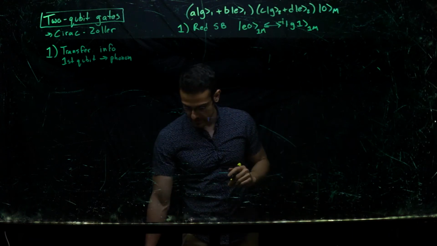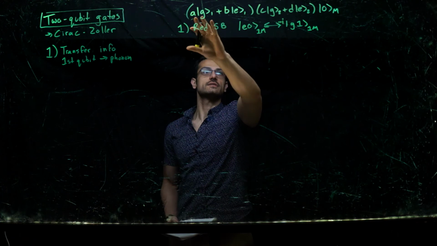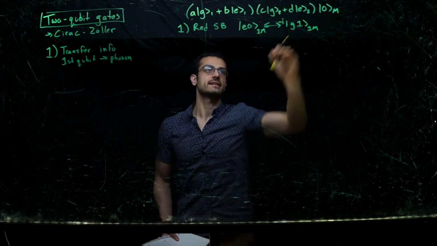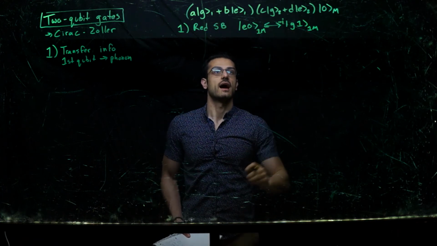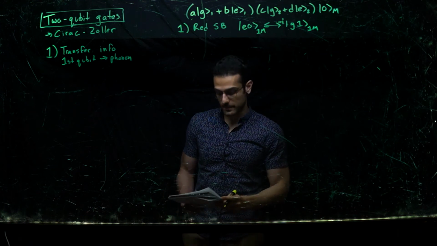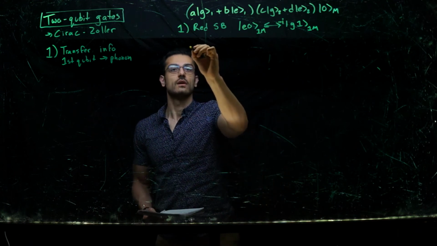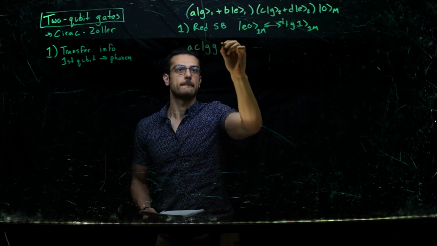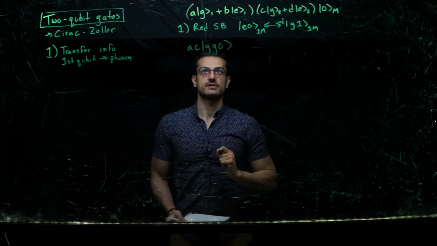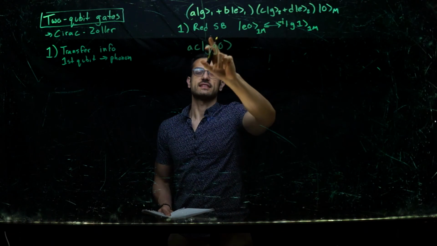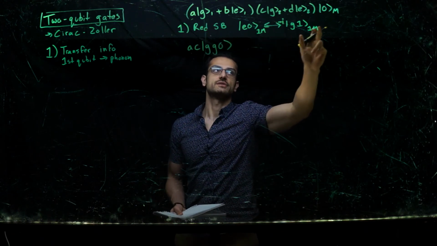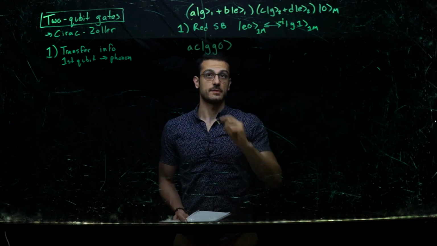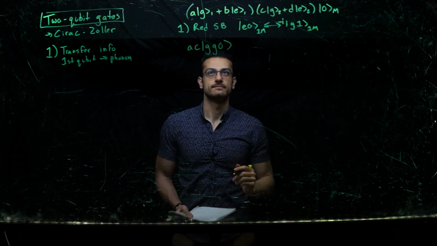So if we go and write out this full state, if we expand it out into 4 terms and implement this red sideband pulse, what we'll have then is the following. So I'm using this notation here. This is just, instead of writing g1 tensor g2 tensor 0 subscript m, I'm just writing gg0.